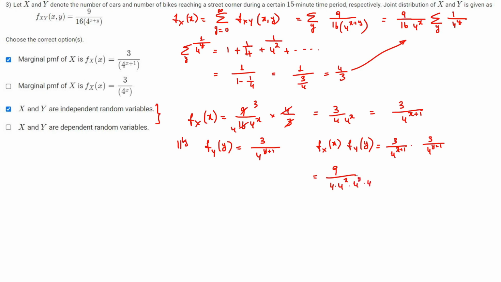Now, which can be written as 9 divided by 16 into 4 to the power of x plus y, and which is nothing but fxy of x comma y.